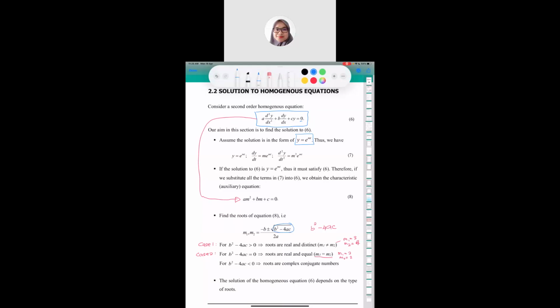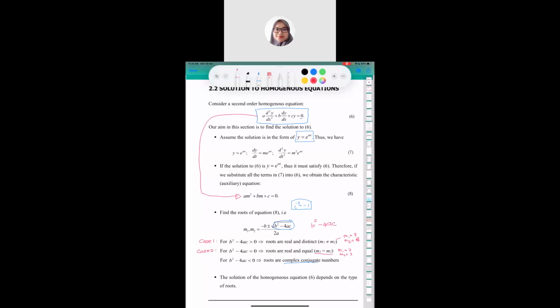Kita tahu i² equal to negative 1. So you akan dapat complex conjugate. Then kita ada case yang ketiga kat sini. Case ketiga, if your b² − 4ac less than 0, roots are complex conjugate.